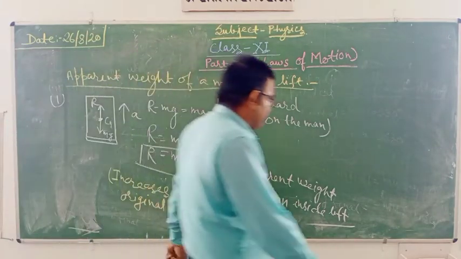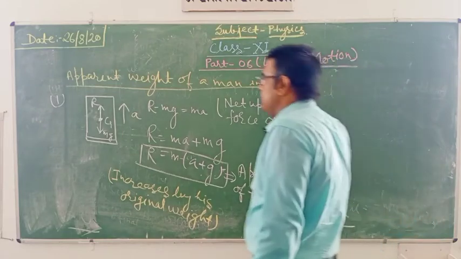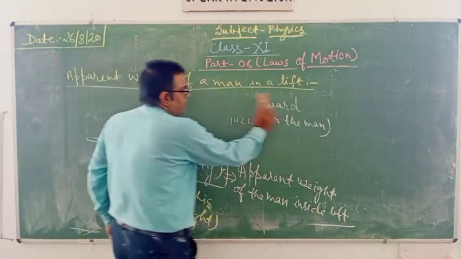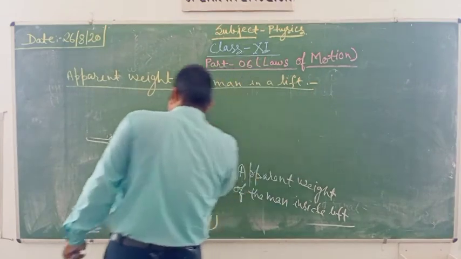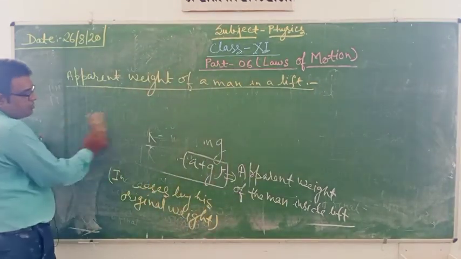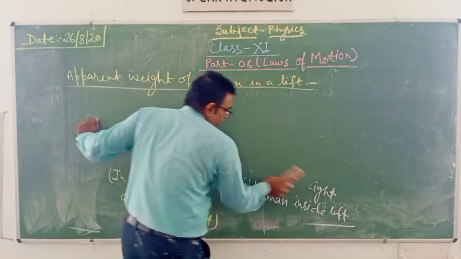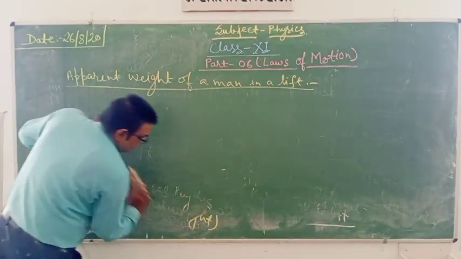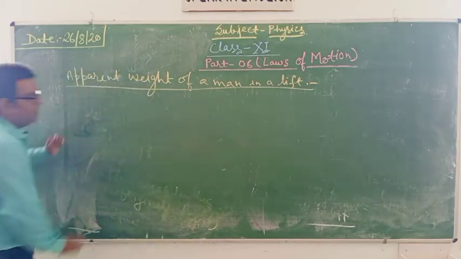Now we will discuss the second case, when the lift is moving downwards. I think it is clear to all: we have calculated the net force, and from that net force we have discussed the normal reaction.